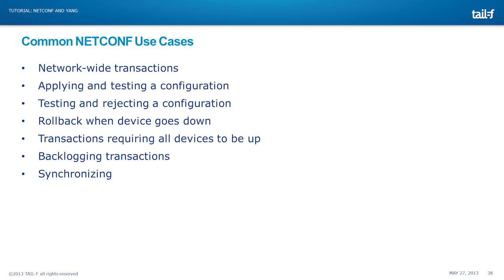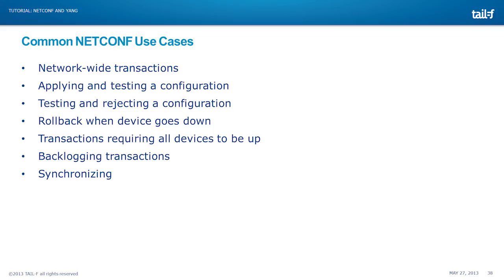I could use NetConf for synchronization. In my management station, I have a database of my network configuration of all my devices. How do I know that someone hasn't gone in locally into a device, made changes, and not done it through the management station? I could use NetConf to do a GetConfig from a device, get just its configuration, compare it to my stored copy, or maybe I can do some optimizations to prevent moving the data.